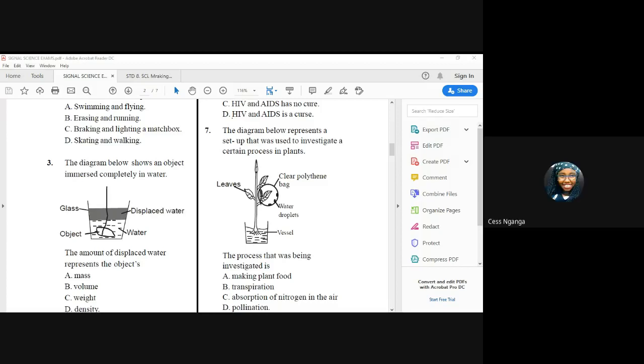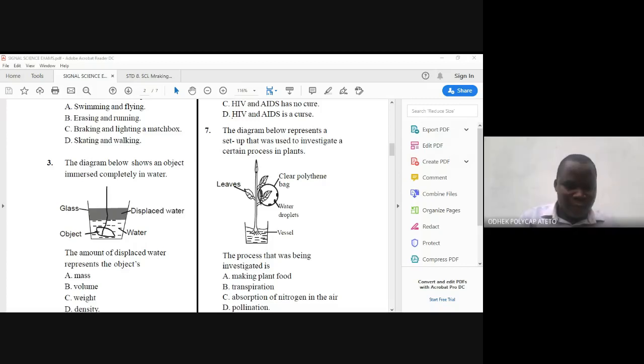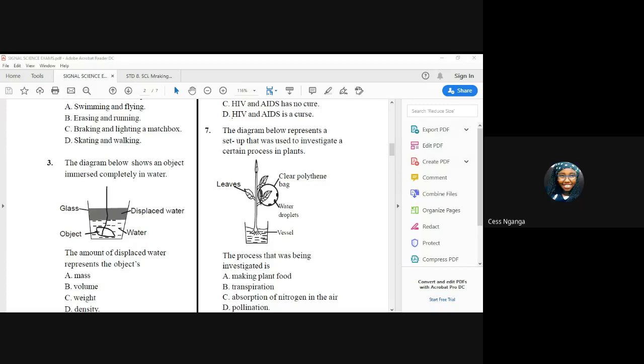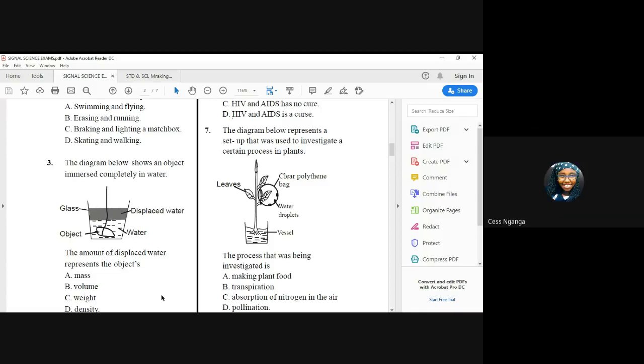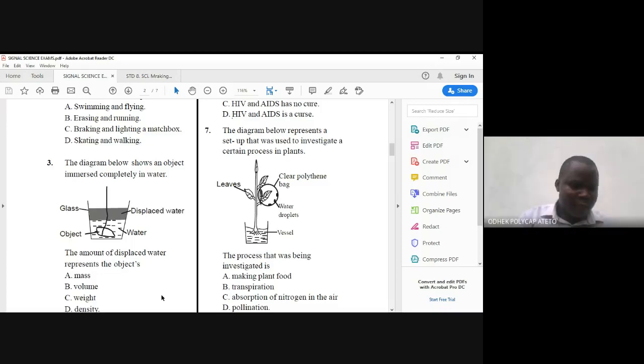The diagram below represents a setup that was used to investigate a certain process in plants. As you can see, the process is transpiration. Reason: there is a clear polythene bag, water droplets in the main plant. So anytime we have a clear polythene bag, we are investigating what?